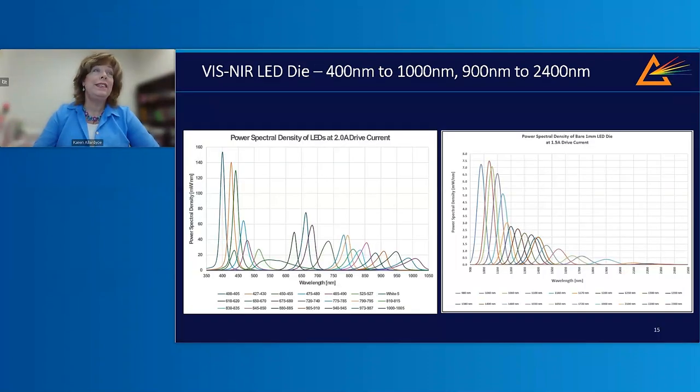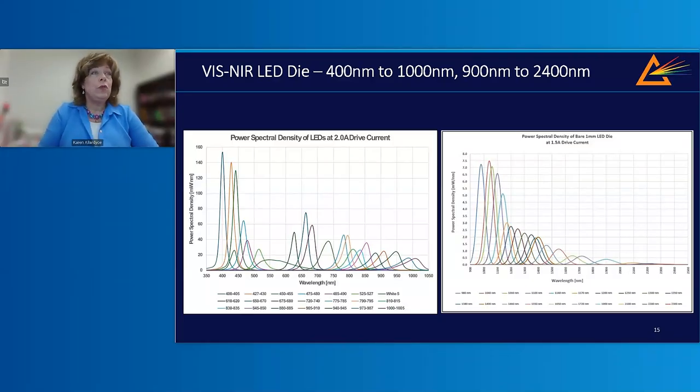The good news is that there are many LEDs that exist out there. So I'm just showing you a graphical example of some LED dies that are available, and of course their relative performance. If you look at the graph on the left, I think that goes from about 350 on up to a little over 1,000. The graph on the right is all the way up to 2,500 near IR.